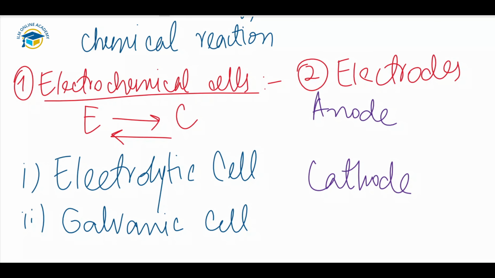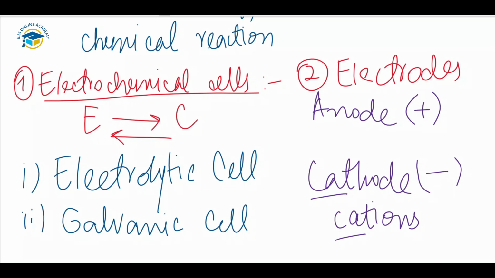The cathode attracts the cations that are present in our solution. Cations are positively charged, and they will be attracted towards the cathode. So this is the hint: cations, cathode. The cathode has a negative charge, and the anode is positive. It is connected to the positive terminal of the battery. It attracts the anions.